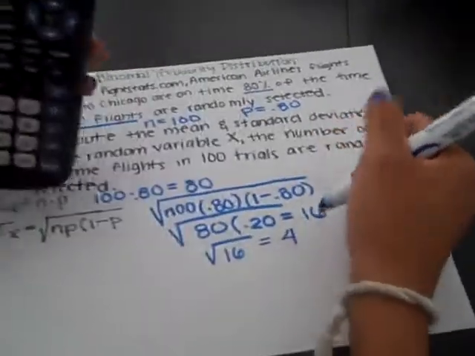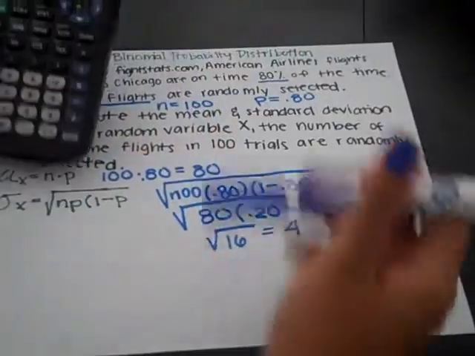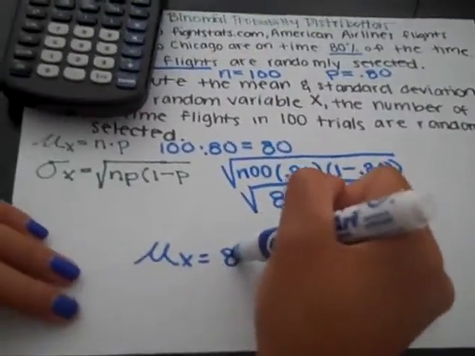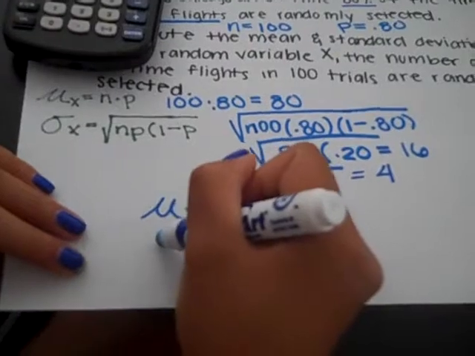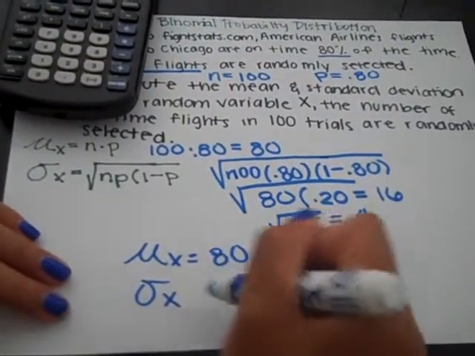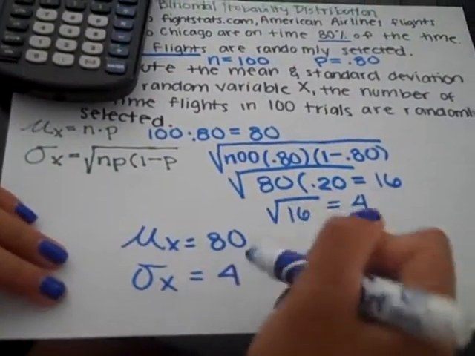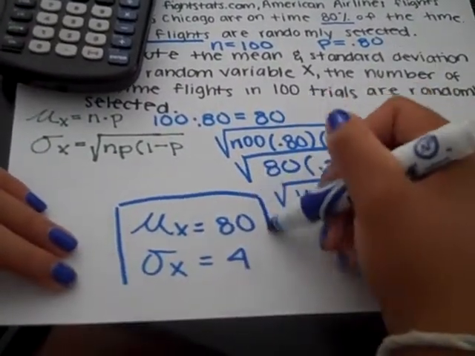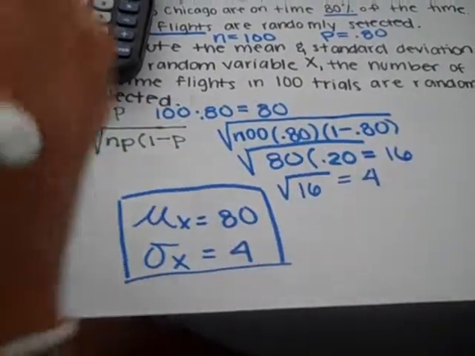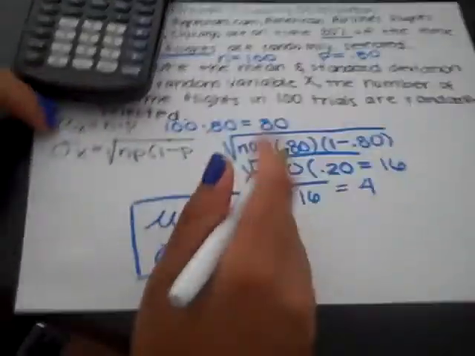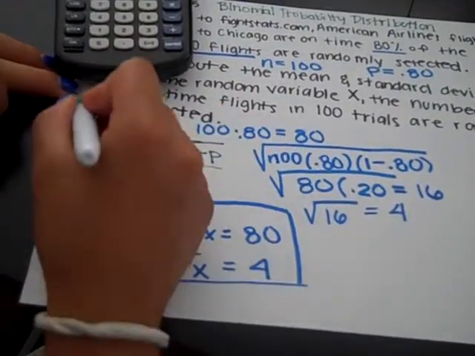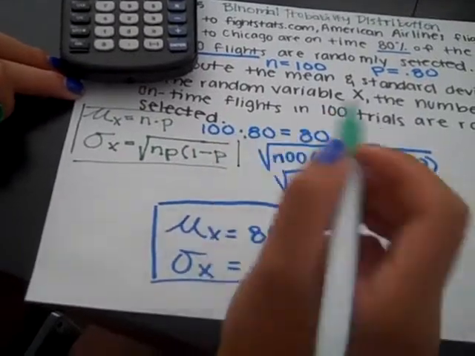So your final answer is mu of x equals 80, and the standard deviation of x equals 4. And in green, these are the formulas you need to use for every problem to find your standard deviation and your mean of x.